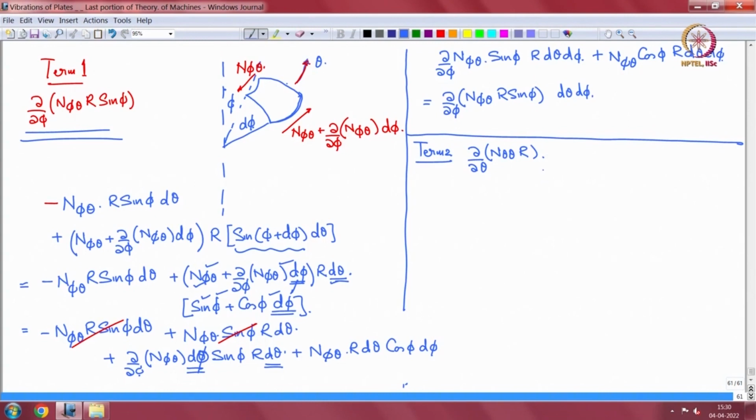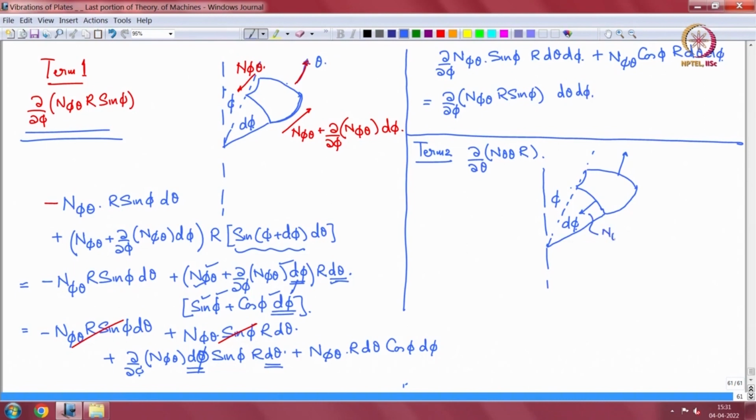So if we now take the axis of rotation, phi, d phi, n theta theta is like this and like this.